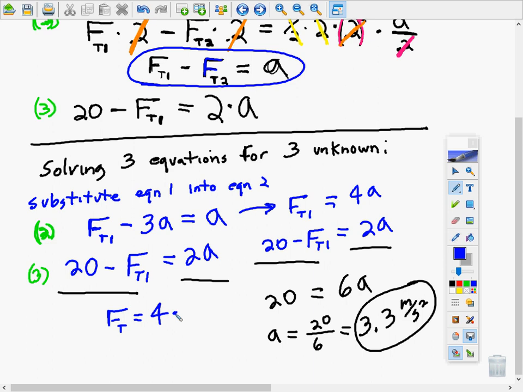So I'm going to use the 20 over 6 value because that's what a was before we rounded it down to 2 sig figs. So 20 over 6. And then what does ft1 become? 4 times 20 over 6. How much? 13.3. Woohoo! Got my second unknown.